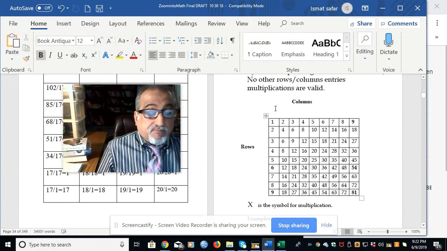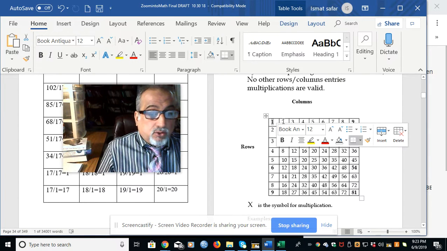First, you can use this to learn a lot about multiplication and division. Let's say this one here times 2 is 2.